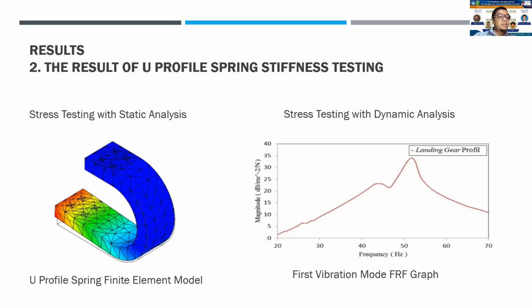The experimental result of the FRF graph is used as a parameter in determining the first natural frequency of the landing gear system. The first natural frequency value from the experiment is 51.5 Hz.